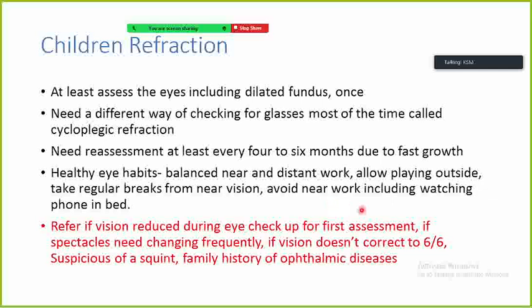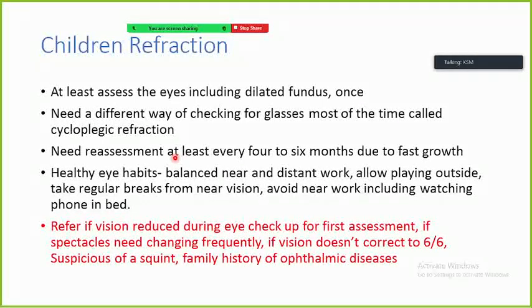And in children, their eyes are very strong, so sometimes you need to nullify their ability to contract the lens. So you have to put the drops in, wait for about half an hour, and then get the refraction. And children need refraction every 6 months due to their fast growth, because it keeps changing.